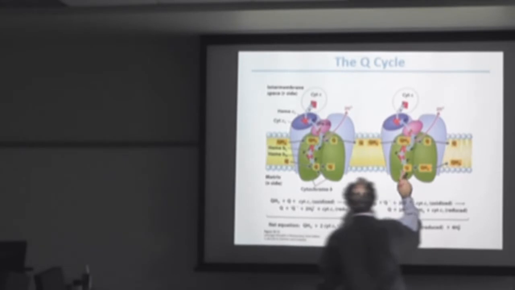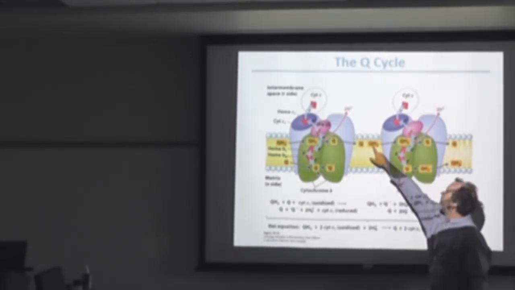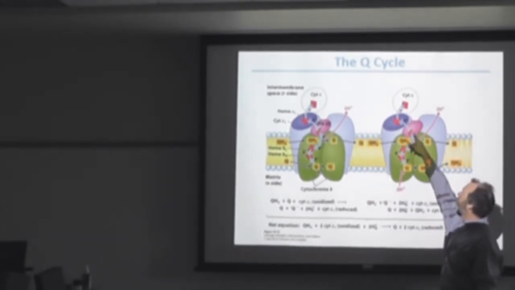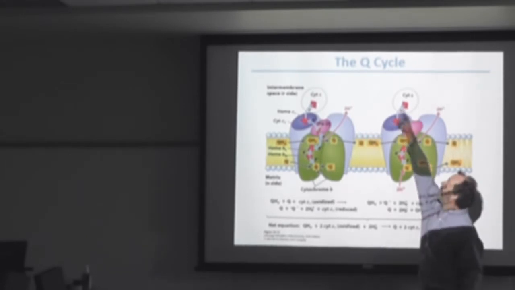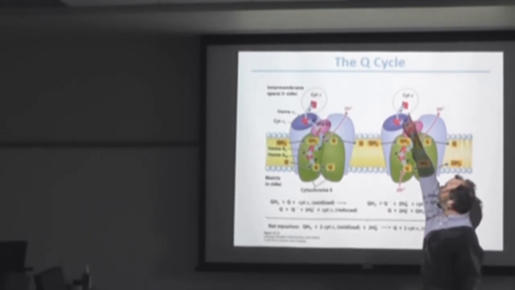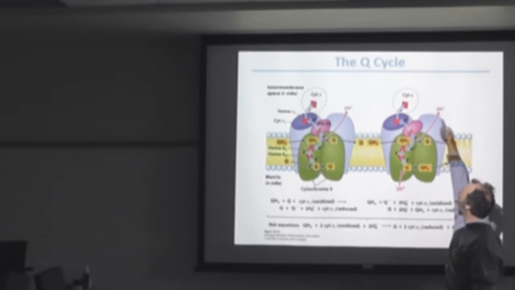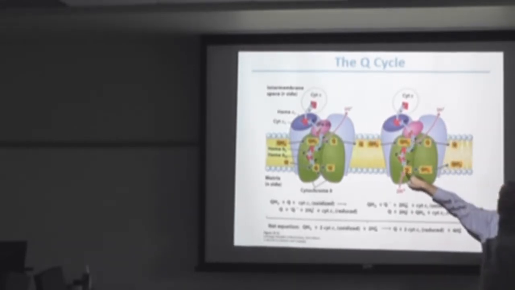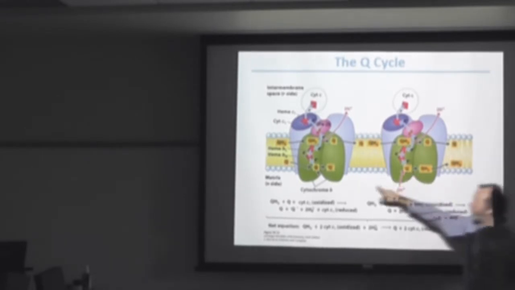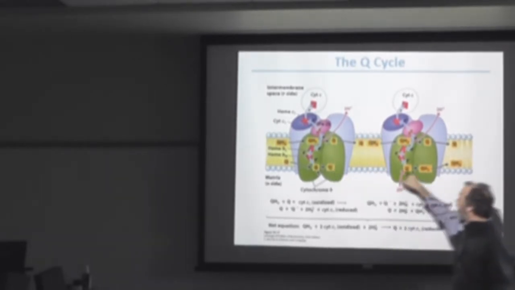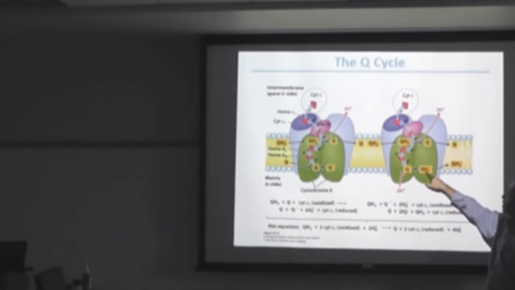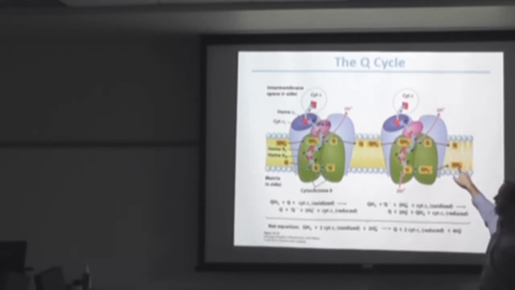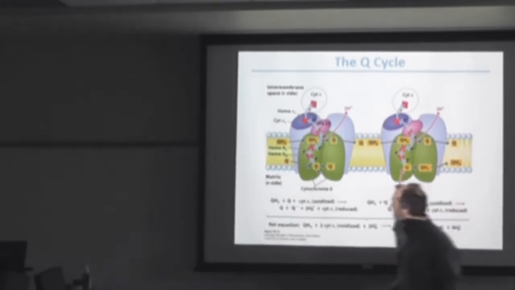You have the semiquinone, another ubiquinol comes in, those electrons are split again, and again, 1 electron ends up at another cytochrome C, pumping 2 more protons across. The other electron goes down and re-reduces the semiquinone that was formed in the first stage to produce ubiquinol again, which will go back into the membrane and be able to diffuse back to here again.